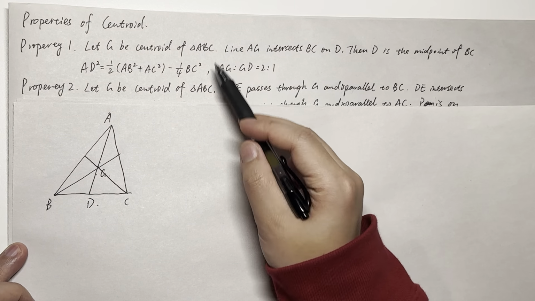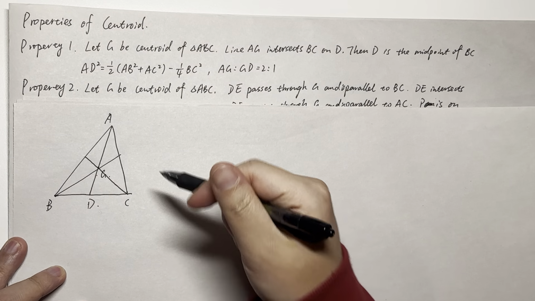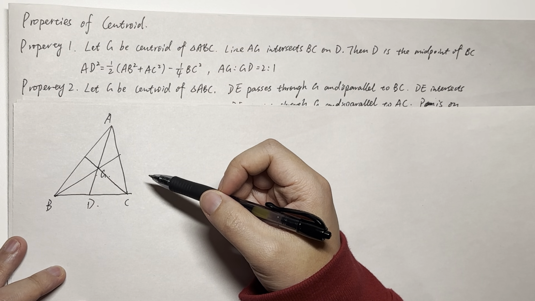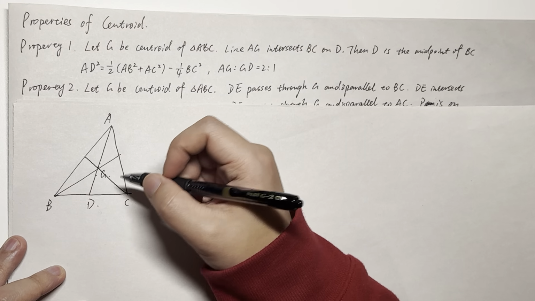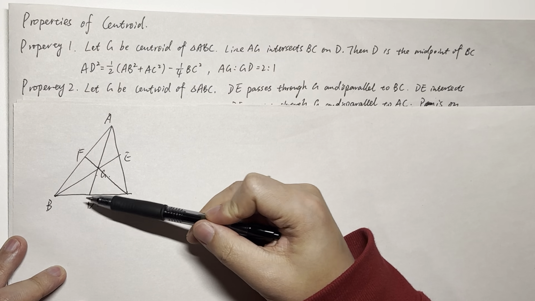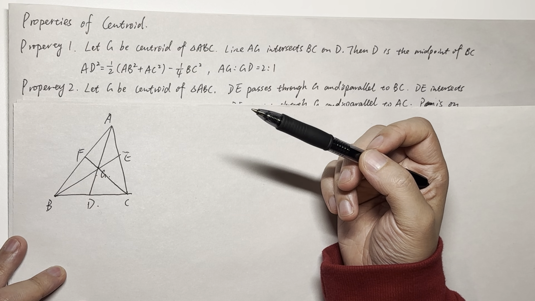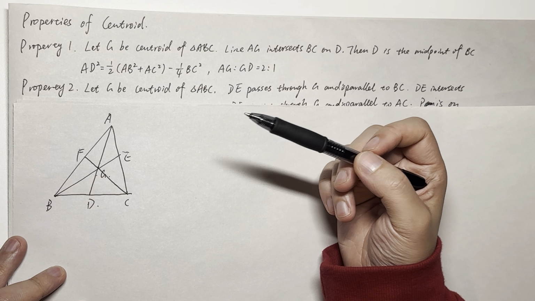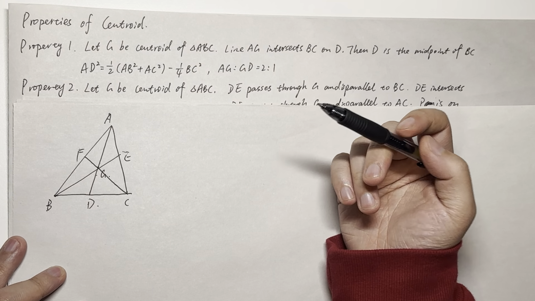So this should be a property that my audience is already familiar with, but in case you have any doubt, let's just calculate it. D, E, F. So we know that AD, BE, CF are the medians, and we want to prove that these three medians are concurrent.